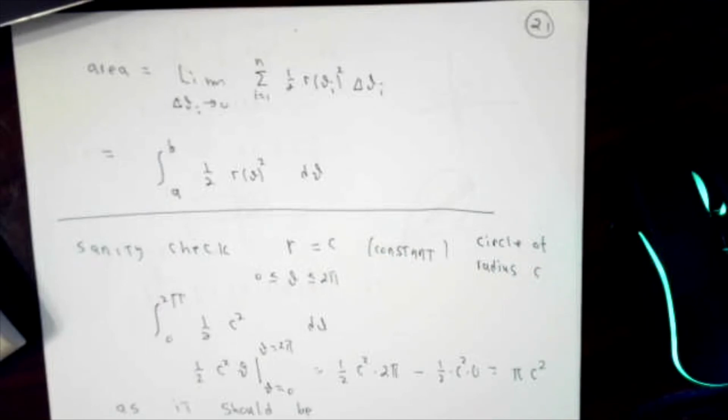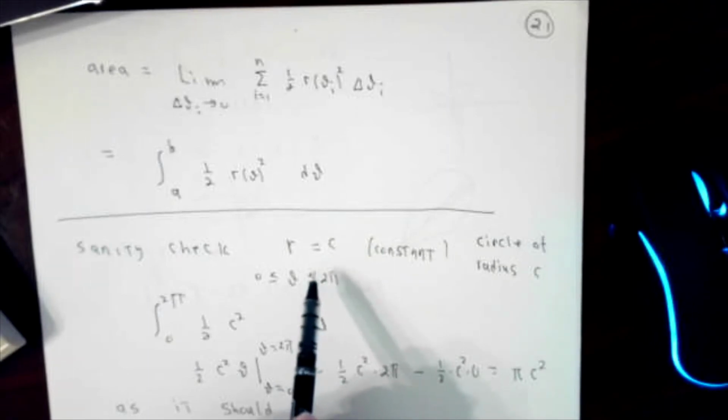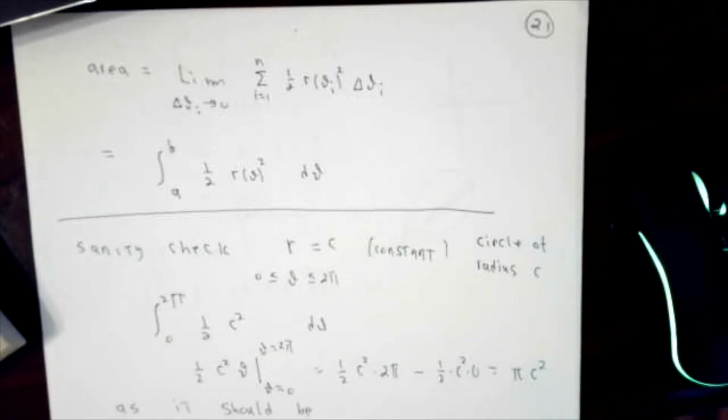Now, as a sanity check, I want to do a problem that I know what the answer is. I'm going to do r equal a constant. Also, my theta is going to go 0 to 2 pi, so I'm looking at an entire circle centered at the origin of radius c. We know what its area is. It's pi times c squared.